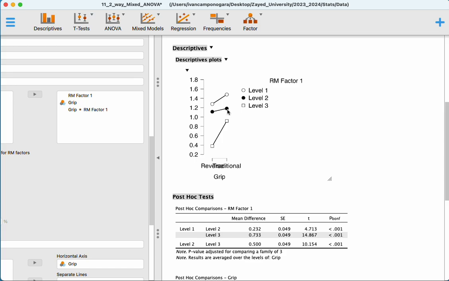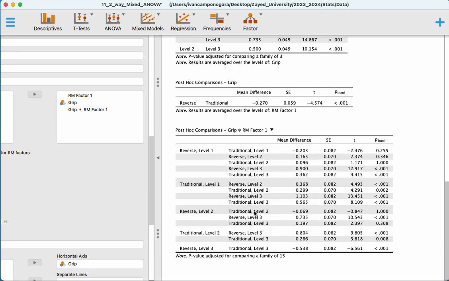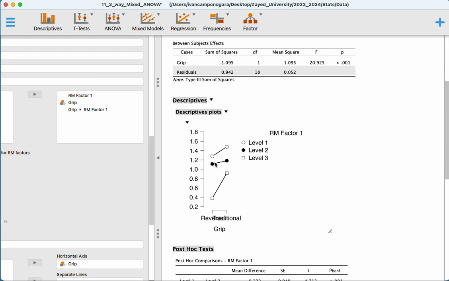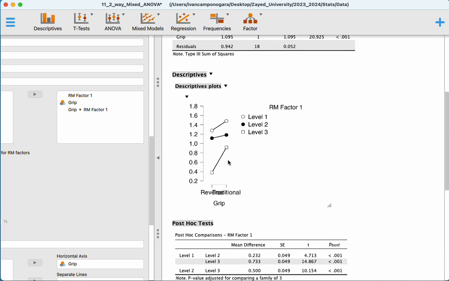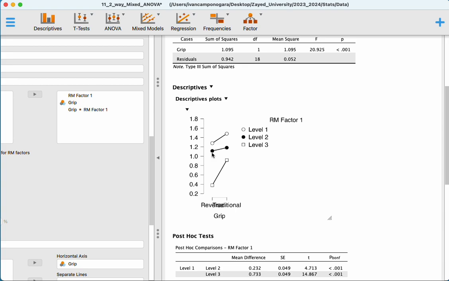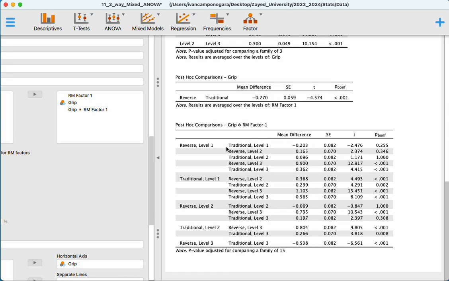So the data says that there is no difference because the p-value is higher than 0.05. So the force at level 2 with the reverse grip is the same as the force at level 2 with the traditional grip. Sorry, the force after 50 days in the reverse grip is the same as the force after 50 days in the traditional grip.